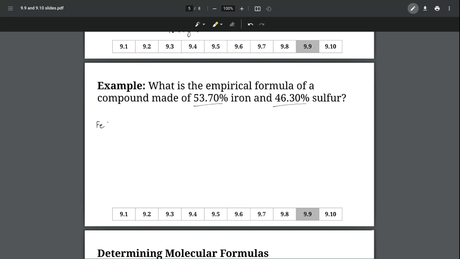We have iron, 53.70 grams. In 1 mole, there are 55.85 grams of iron. And that divides out to be 0.9615.